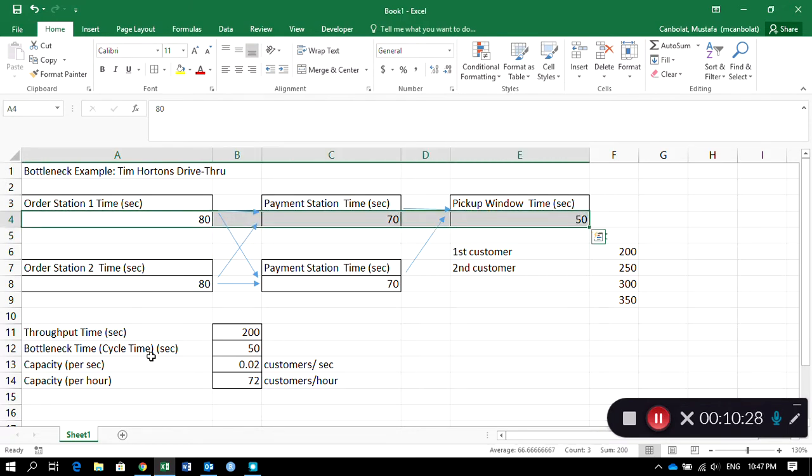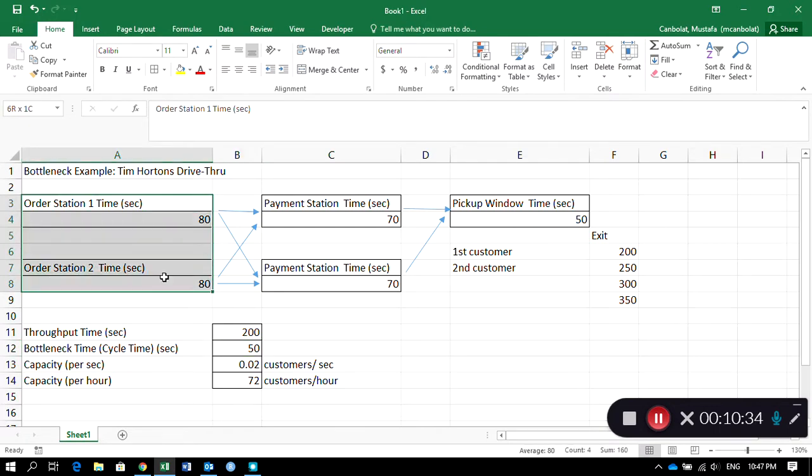But to calculate the bottleneck time, you have to look at the parallel stations and find their bottleneck times by dividing their durations by the number of stations, and then you determine again which station takes the longest time, and that becomes the bottleneck station.